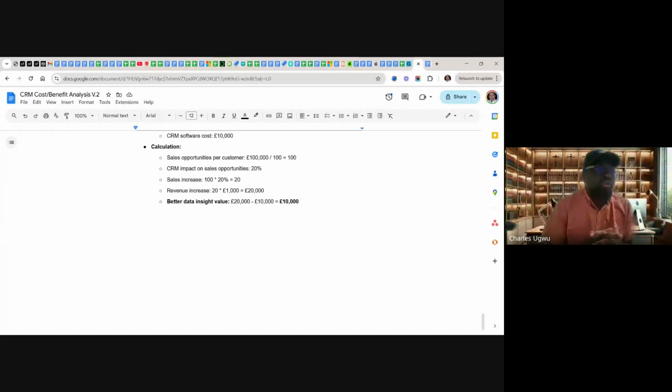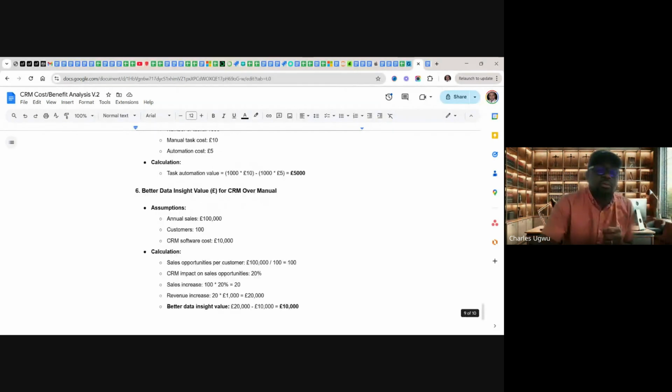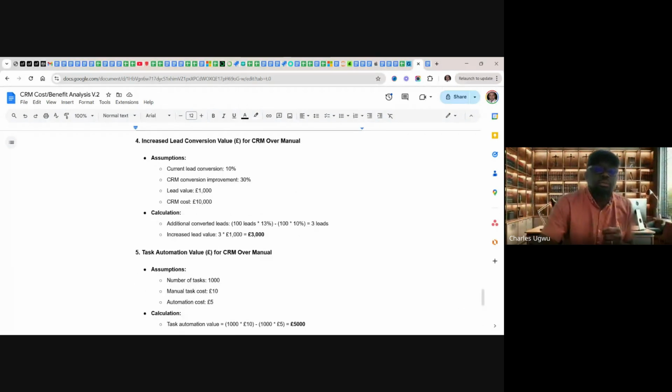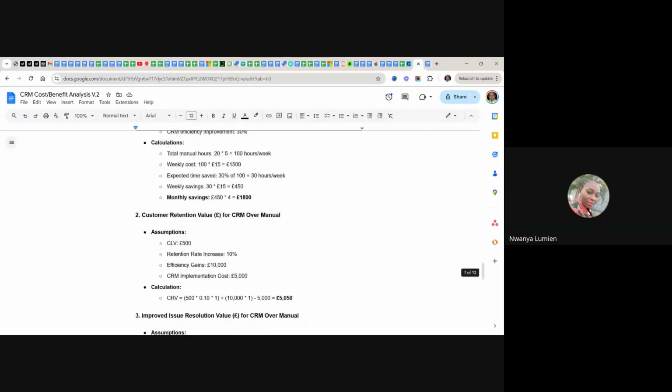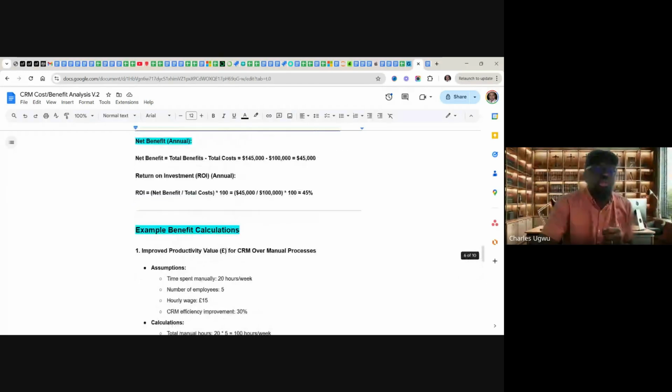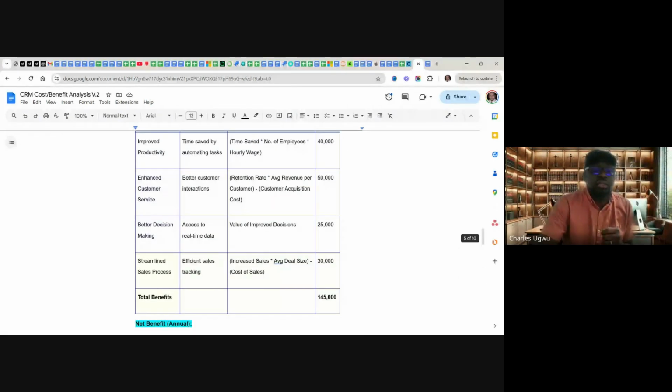Some can use payback period. That's when we go into a bit of finance. We use payback period, we use net payback period. But in this, the most popular we are using is cost benefit analysis.